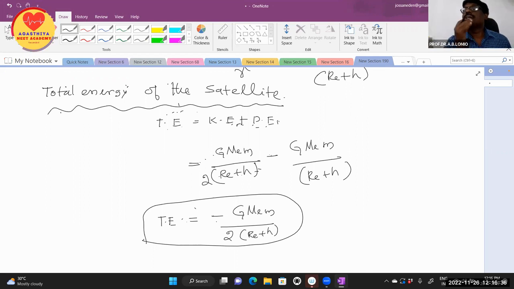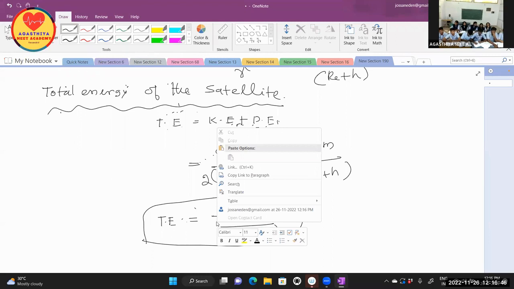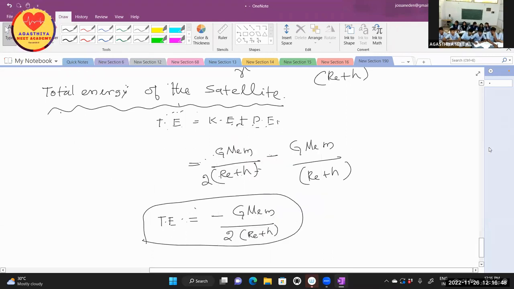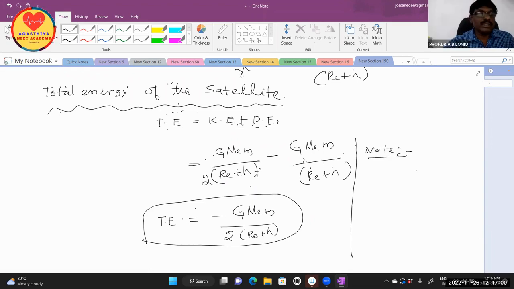Therefore, the kinetic energy of the satellite is equal to what? Total energy. Understand? Very important conclusion.